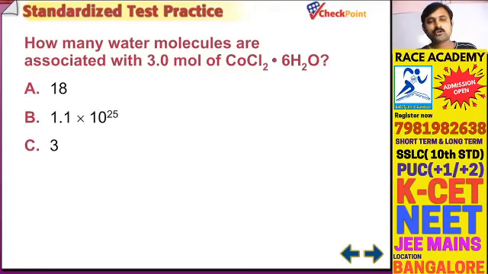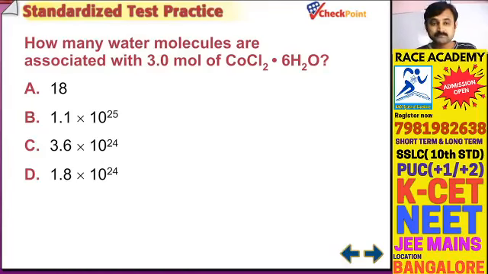How many water molecules are associated with 3 moles of CoCl2·6H2O? See, if you only consider the cobalt chloride hexahydrate, 1 mole of cobalt chloride hexahydrate is having how many water molecules? 6 into Avogadro number.